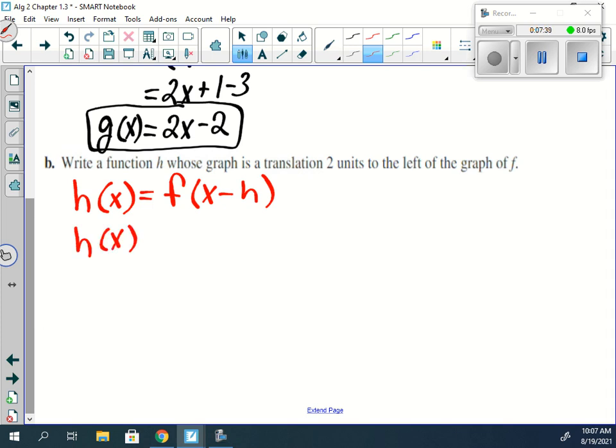H of x equals f of x minus. So where are we moving this? I will have a 2 in here, and it will be what? Negative.